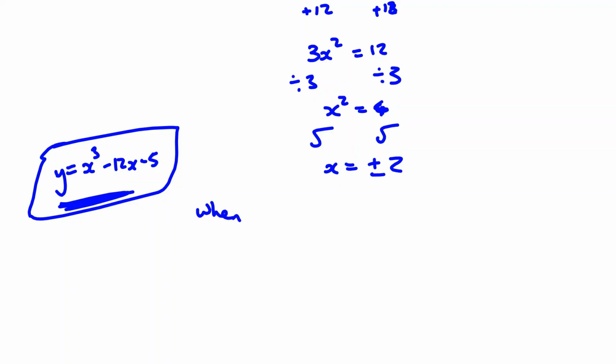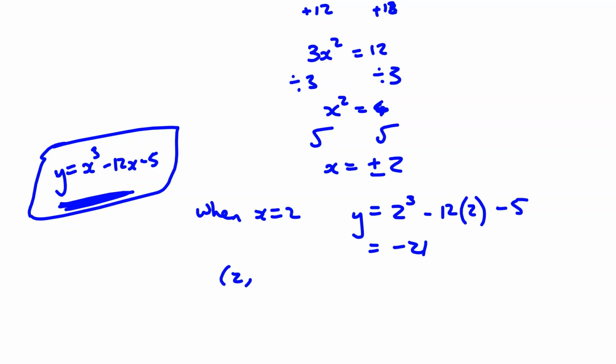So when x equals 2, y is going to equal 2 cubed, take away 12 lots of 2, take away 5. So we've got 2 cubed is 8, 8, take away 24, take away another 5, we're going to have minus 21. So our first coordinate is 2, minus 21.